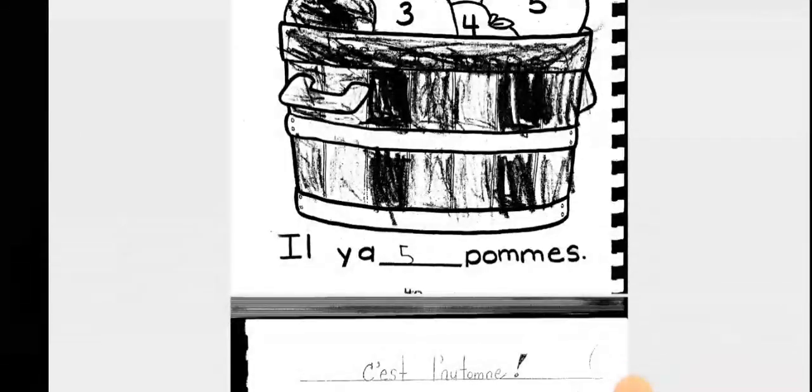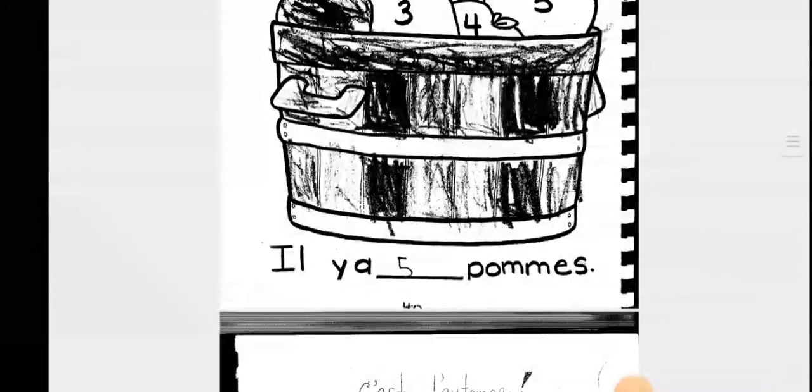There are 5 apples. So we're going to look at how to make sentences using numbers while counting what will be given to us from the picture. Like right now, we have apples, which we are counting, and we are trying to say there are 5 apples. So this is where the next lesson after this Sunday's lesson would begin.